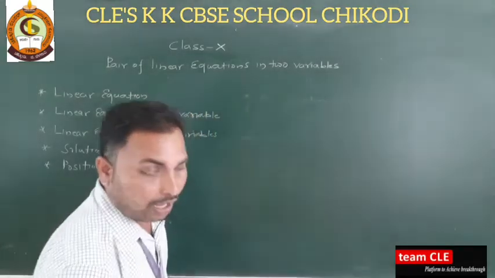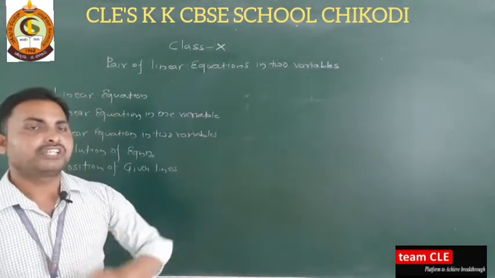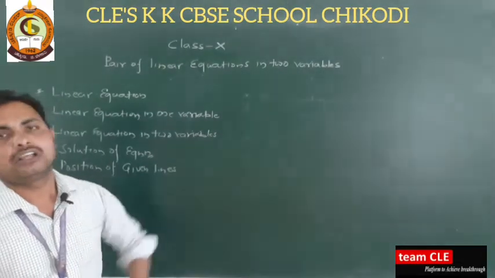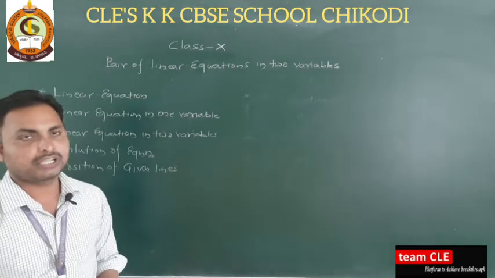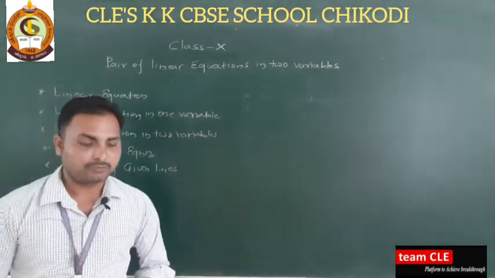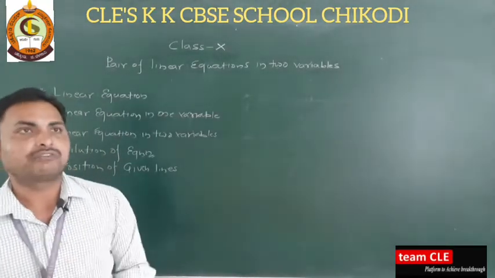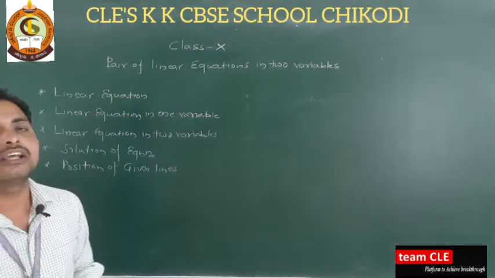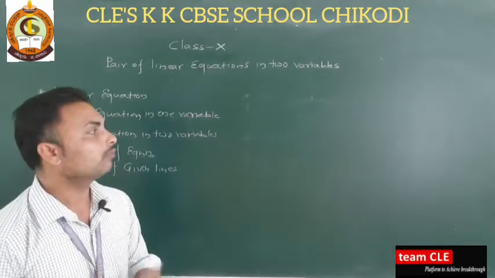An equation which has its highest degree of exponent as 1 and it should have one variable. That is what we call a linear equation in one variable.